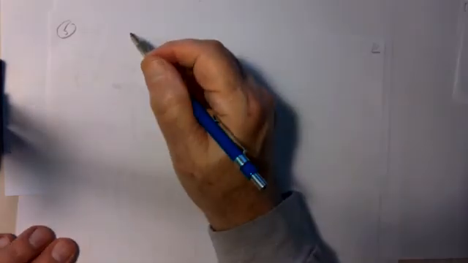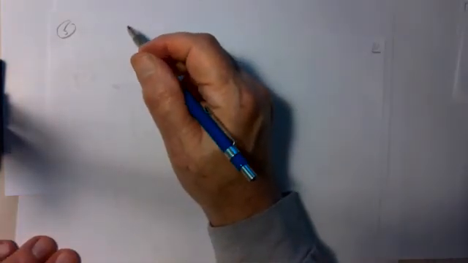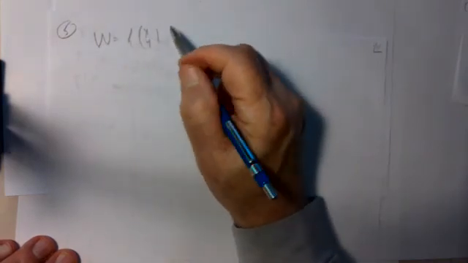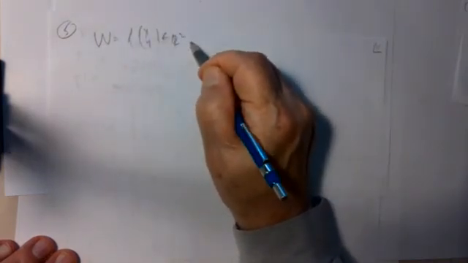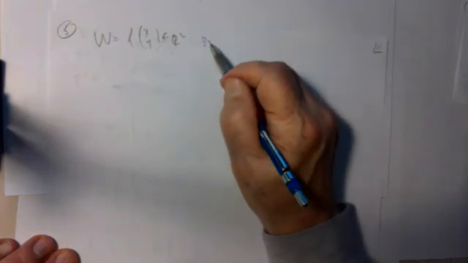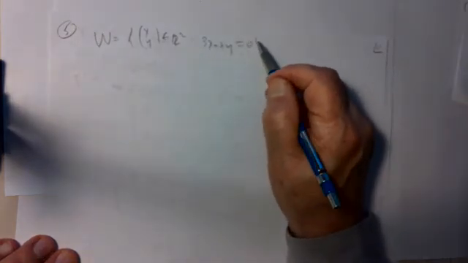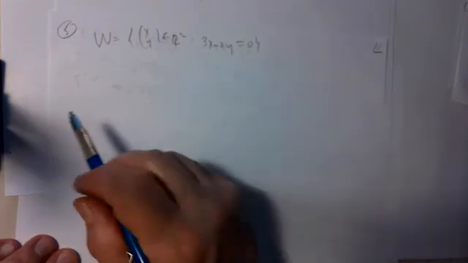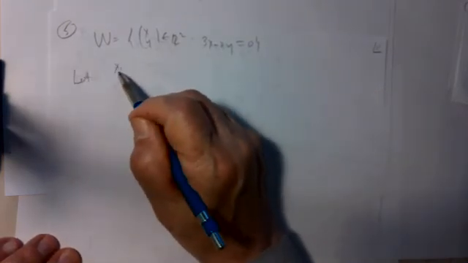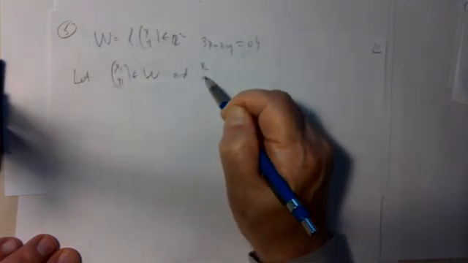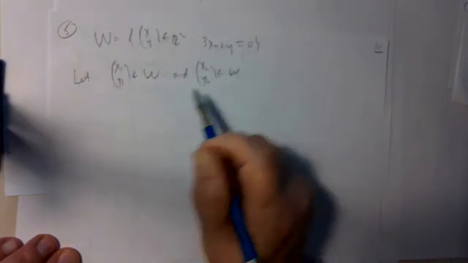Problem number 5 is: prove that the set W, which is all vectors x, y in R2 such that 3x minus 2y equals 0, is a subspace. So suppose you have vectors, say x1, y1 in W and x2, y2 in W.